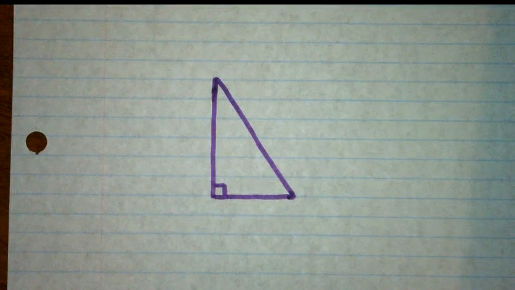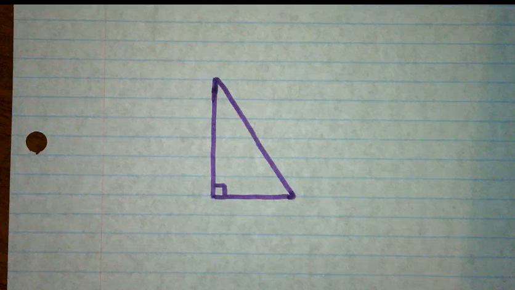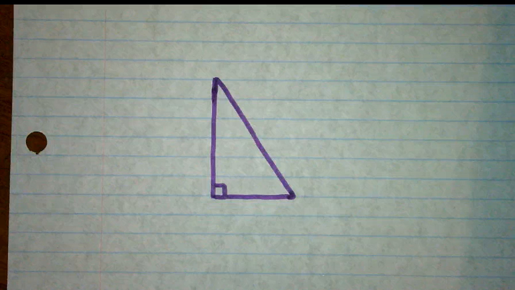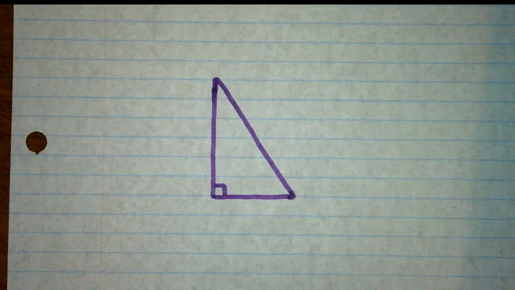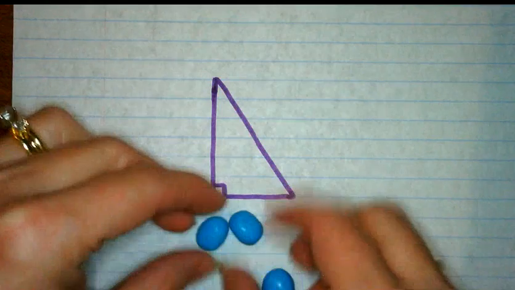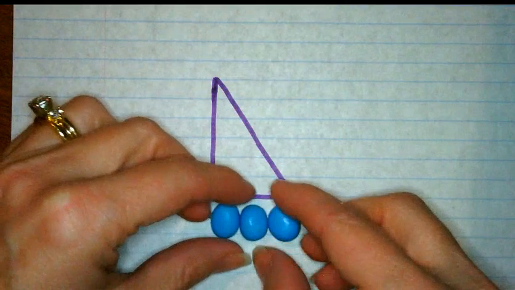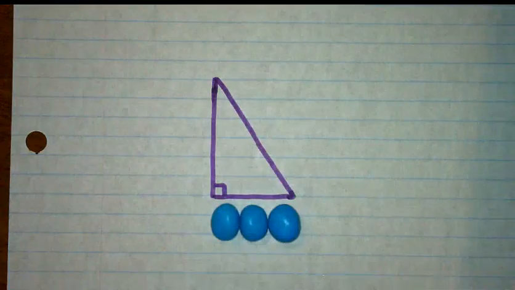I drew a right triangle here, and I'm going to show you the proof of Pythagorean theorem using jelly beans. This is actually a very common standardized test question. I'm going to measure out the side of each triangle using jelly beans.